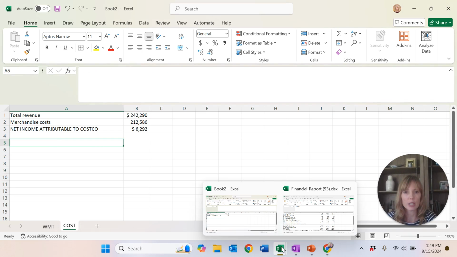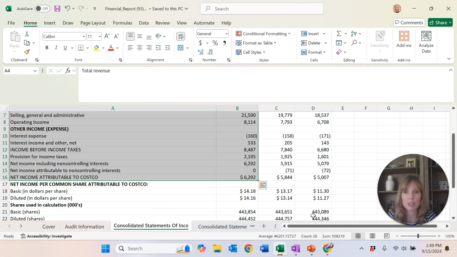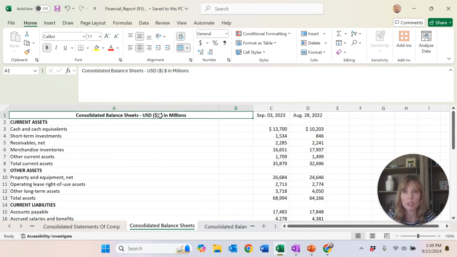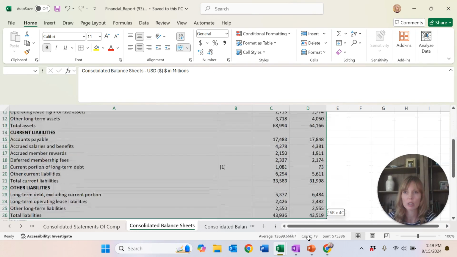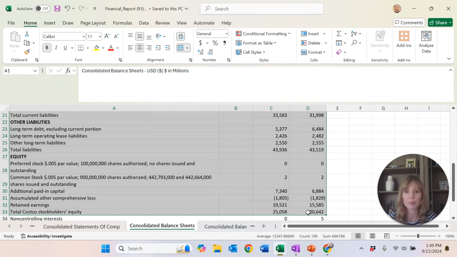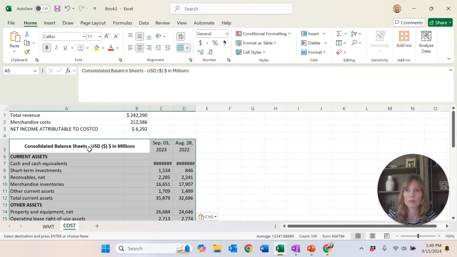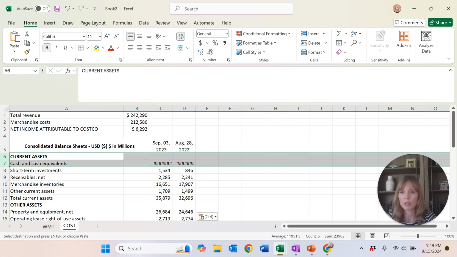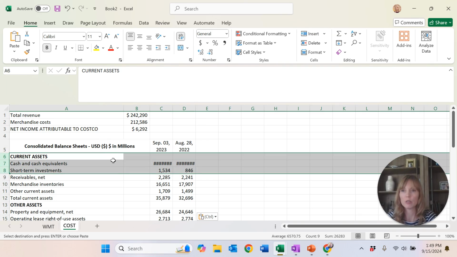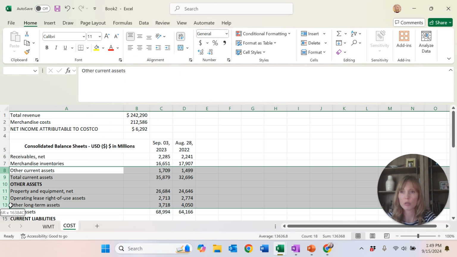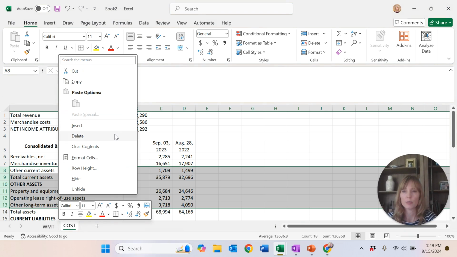Next, I need my balance sheet data because I'm going to be comparing some income statement data to some balance sheet data. Scroll over until I find the consolidated balance sheet here. I want both years. And again, I want to keep receivables, inventory, total assets, and total stockholders' equity.